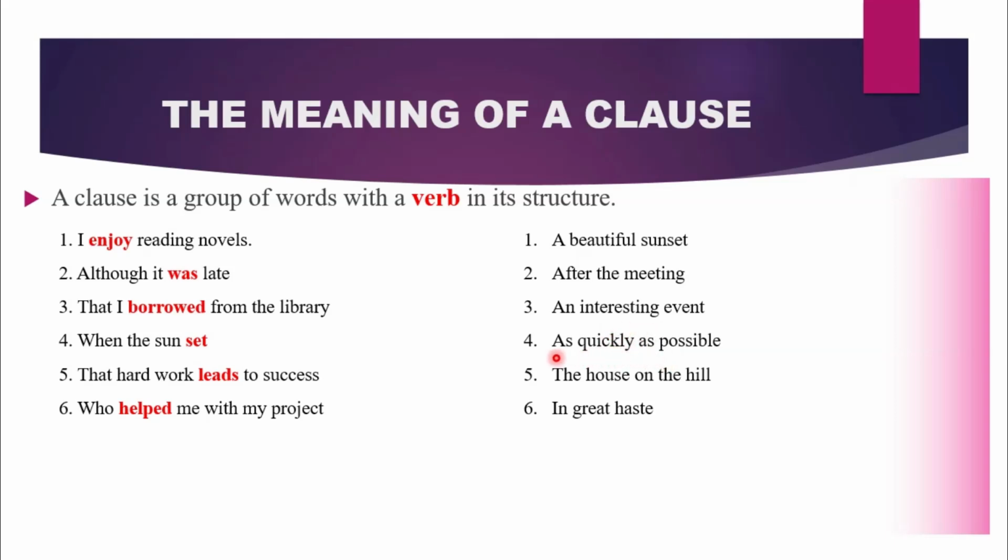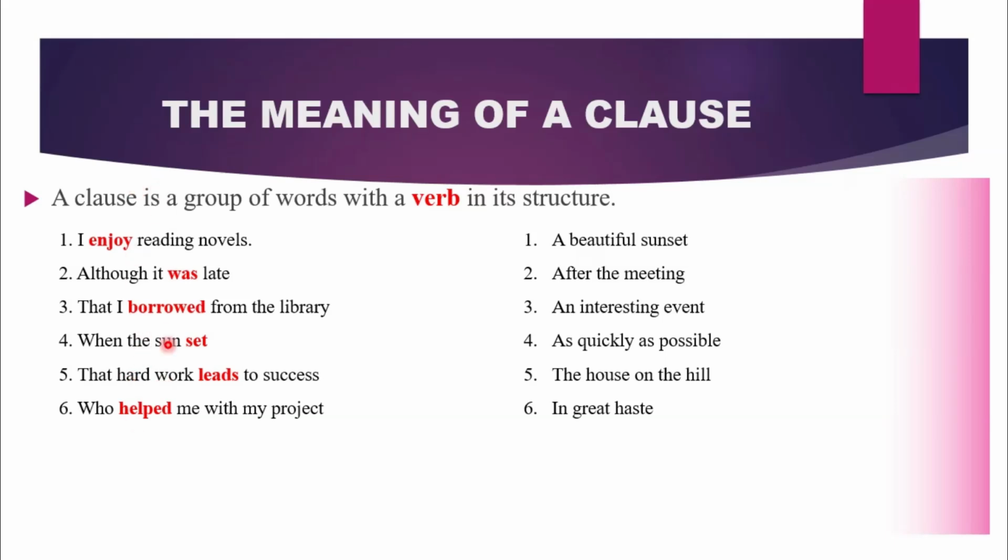No, therefore it is not a clause. The house on the hill, do you see a verb? No, therefore we can't call this a clause. In great haste, is there a verb? No. Since there are no verbs in these groups of words, we cannot call them clauses. We will rather call them phrases.